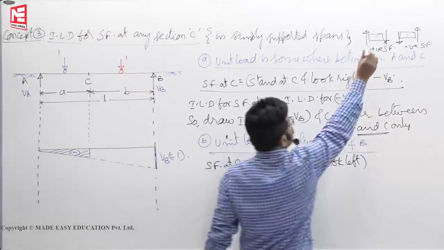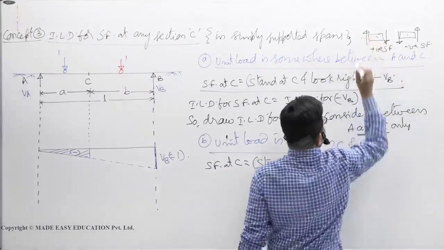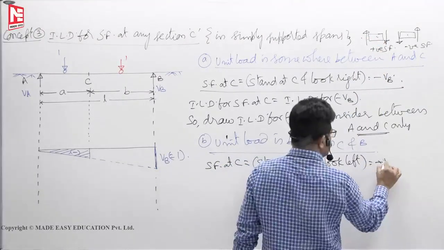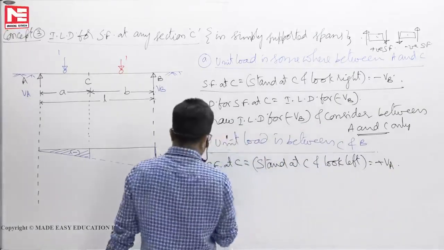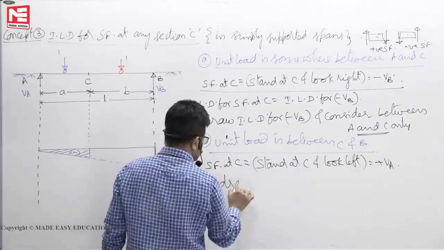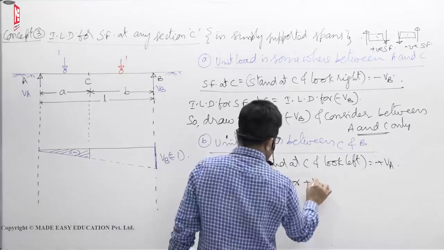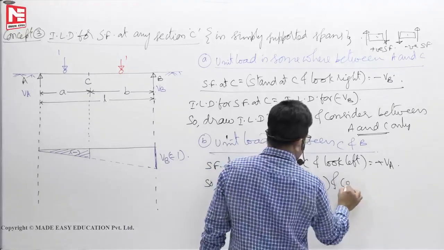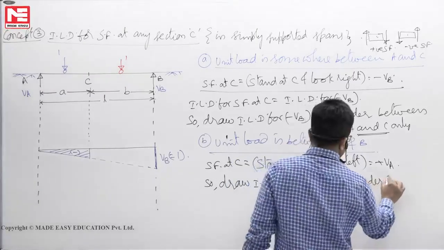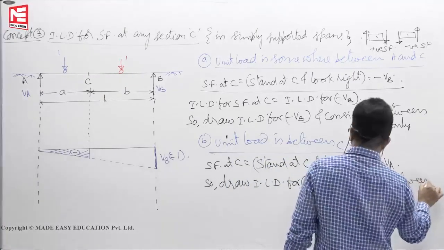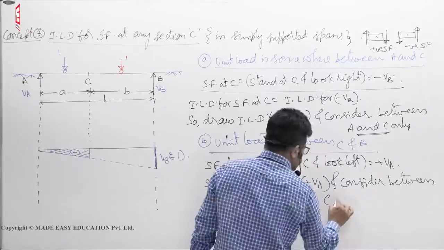See here, section left side upward, positive shear force. So plus VA. So draw ILD for plus VA and consider between C and B only.